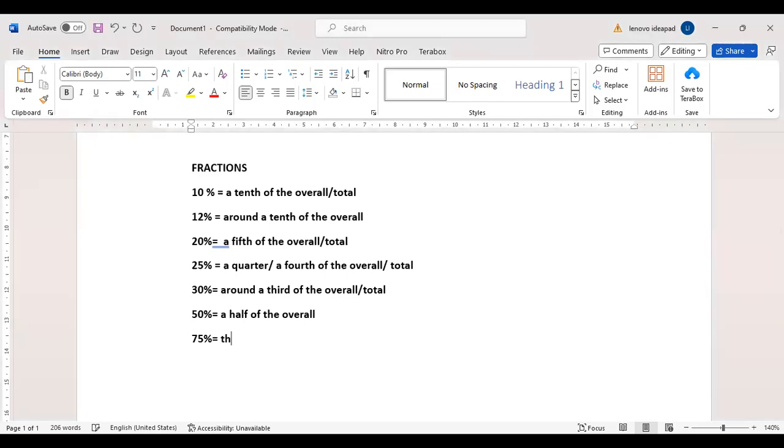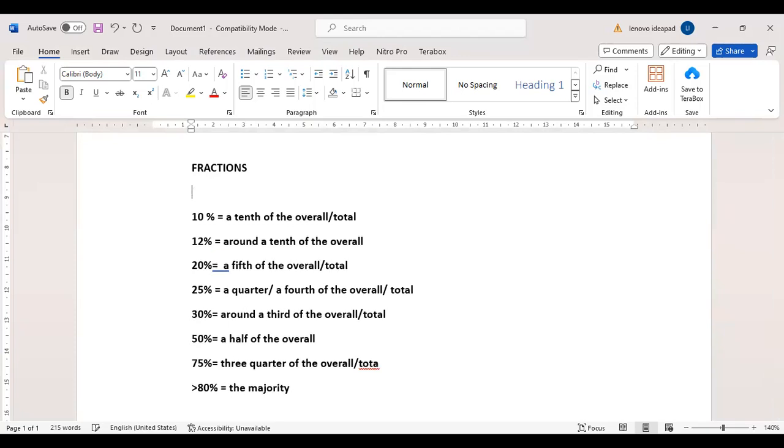You can say it as 3/4 of the overall or total. If it's 80% and above, just say the majority. If it's less than 10%, you can just say the minority. So these are fractions. So you can play with percentages, so you don't write percentages again and again.